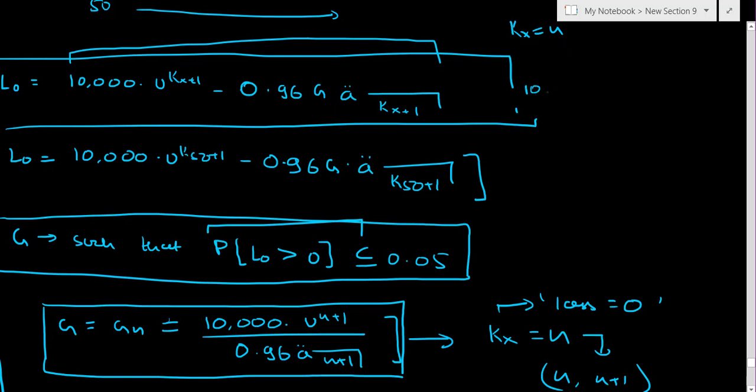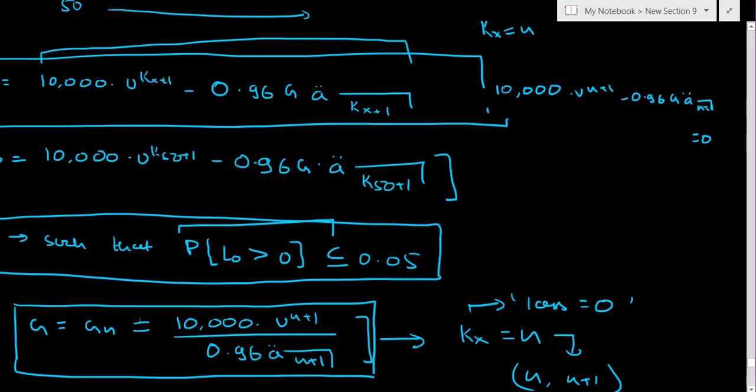So I did 10,000, I just put n in place of Kx, so times v to the power of n plus 1, minus 0.96 times G times ä_{n+1}, and I just put 0 in place of it.